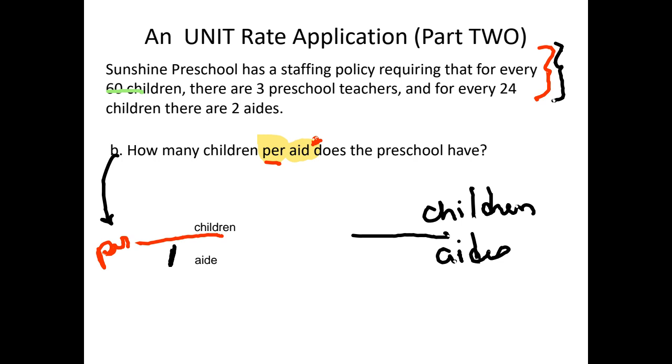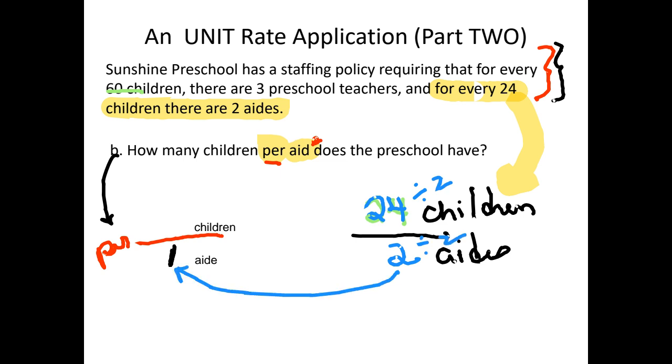Notice it says for every 24 children, there are 2 aides, which means this is going to create my fraction. 24 children, 2 aides. I'm going to divide by 2 because remember, I got to get 1, which means 12 children.